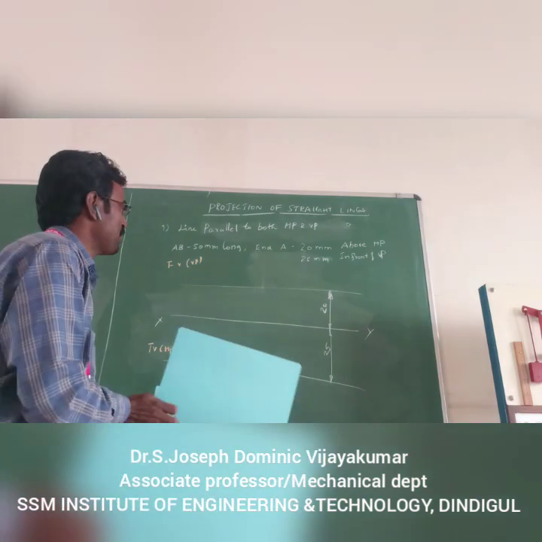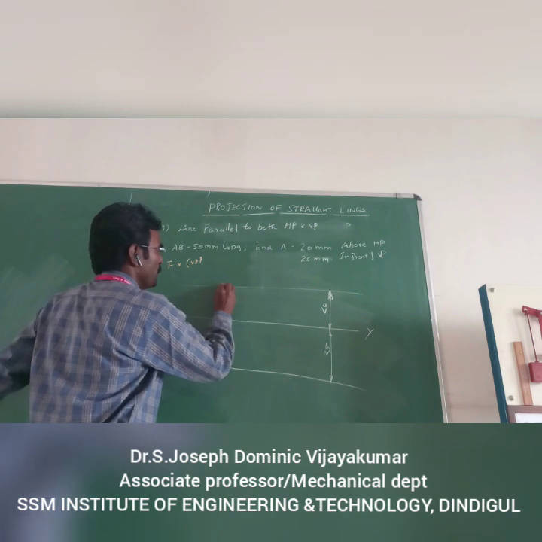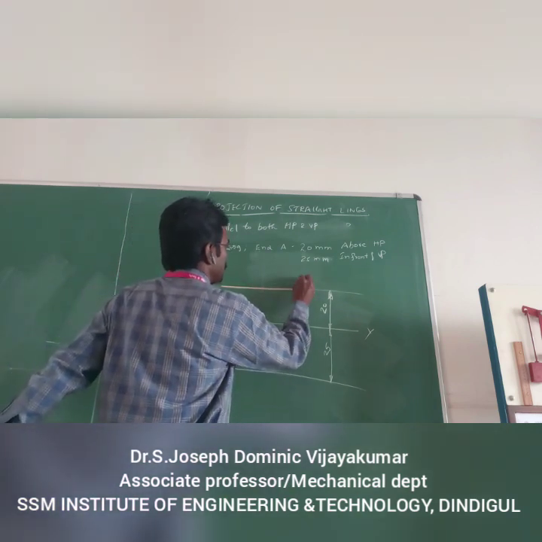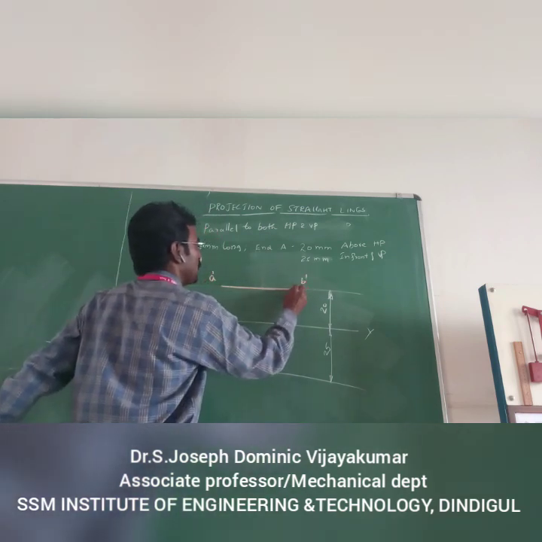So simply, first in the front view, point A, second point B, A dash, B dash. Two end corners are visible.